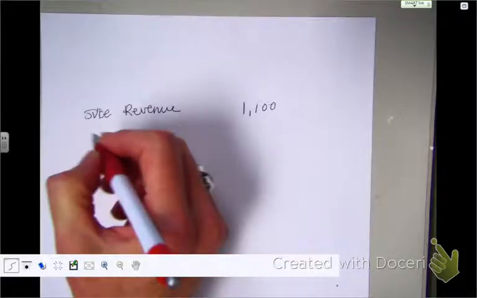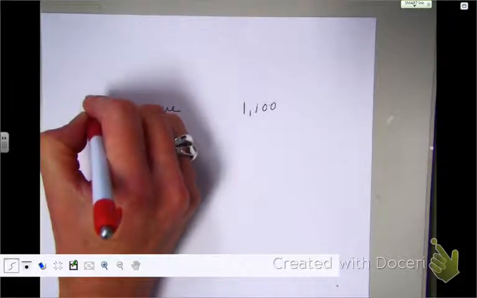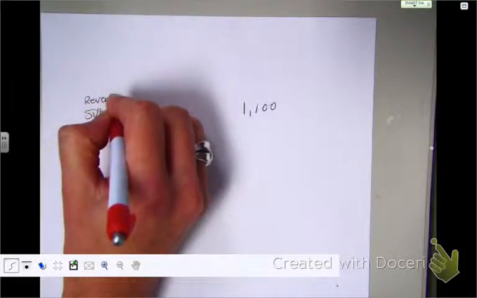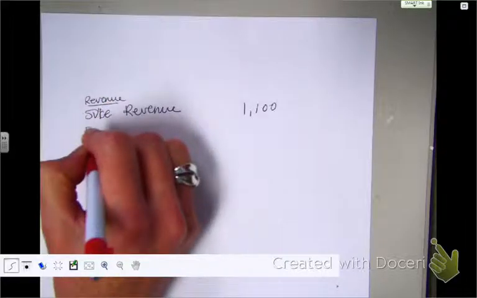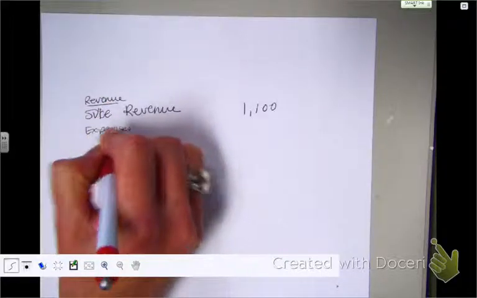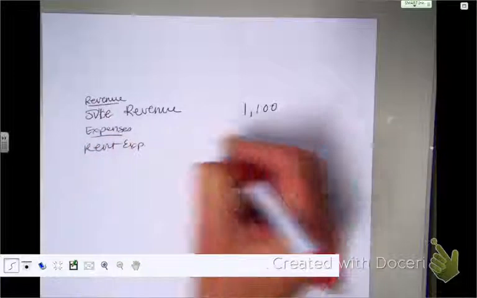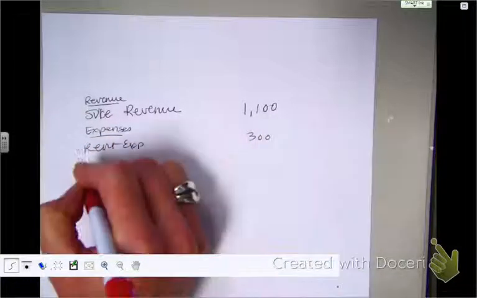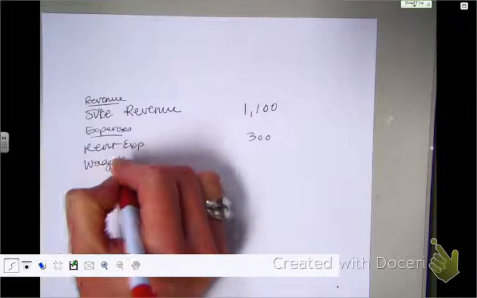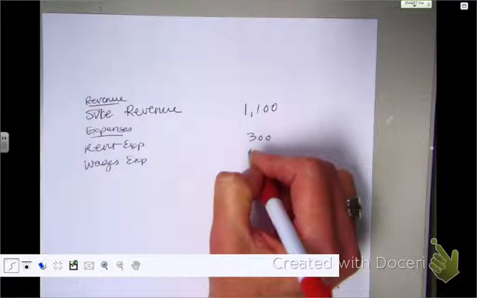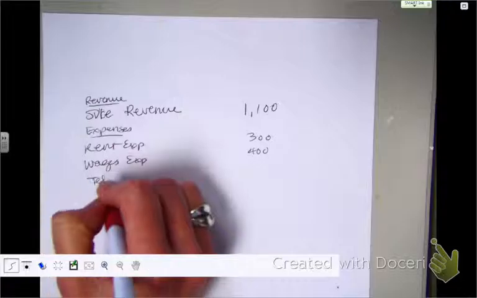And then what are my expenses? So this is our revenue. And then we have our expenses. What are my expenses in this problem? Rent expense. Okay, rent expense 300. Wages expense is 400. Telephone expense is 100.